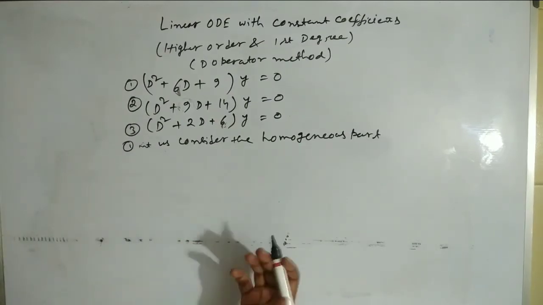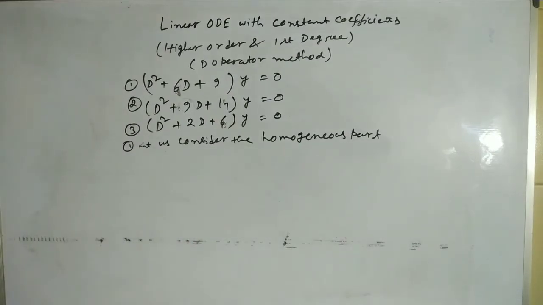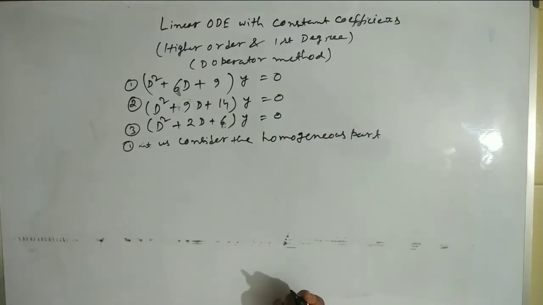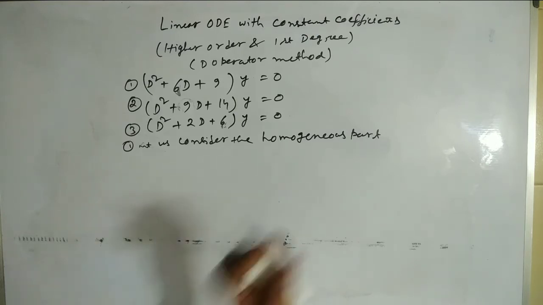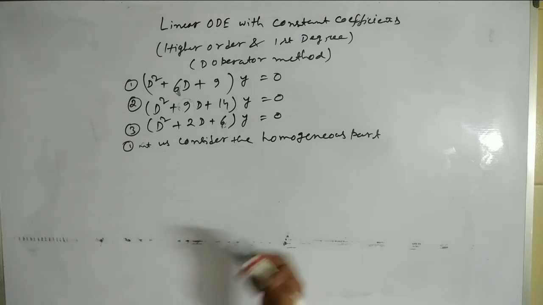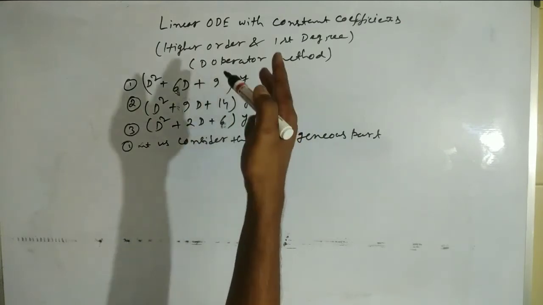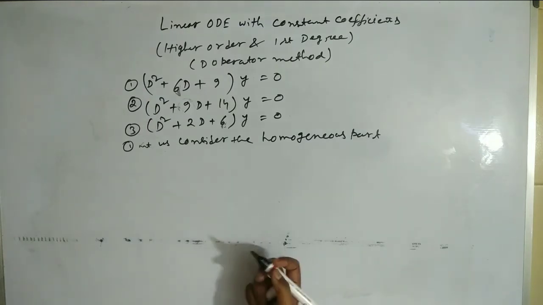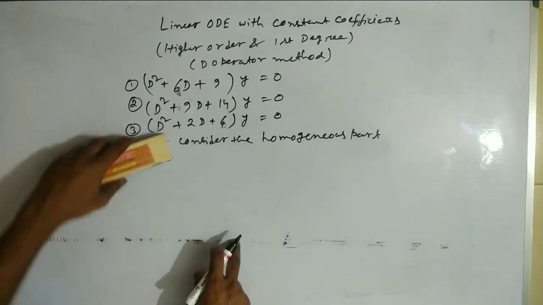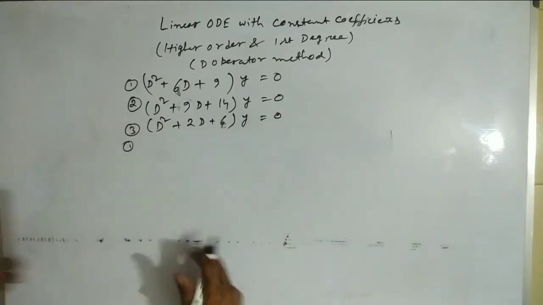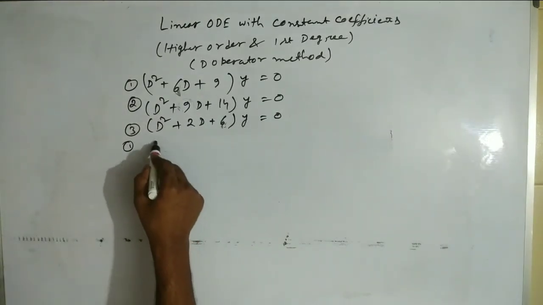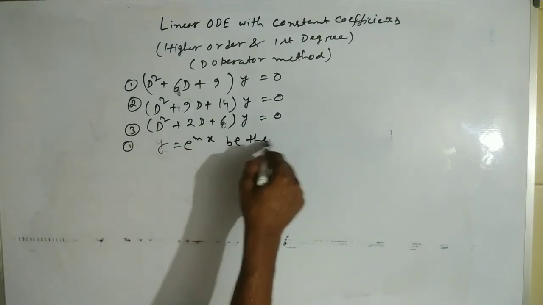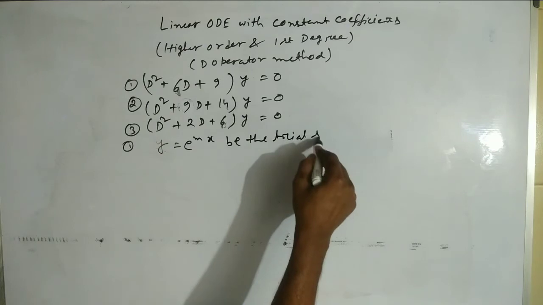Since the equation already has 0 on the right hand side, we will not have to consider the homogeneous part separately. If there is a non-zero function, then we have to consider the homogeneous part. So here it is not needed. So we first take the trial solution. So let y equal to e to the power mx be the trial solution.